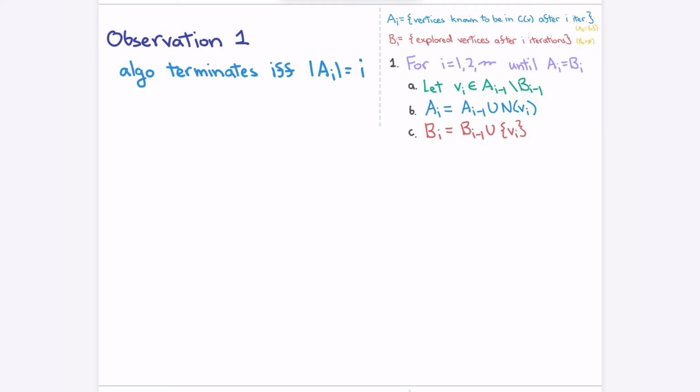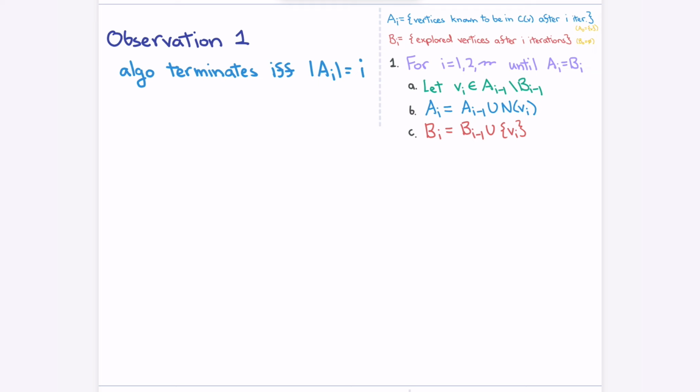The algorithm formally terminates when B is fully equal to A. But maybe another way to think about it: if I finished in 10 rounds, that means after 10 rounds I've figured out 10 vertices that are connected to V, including V, and I didn't find any more.